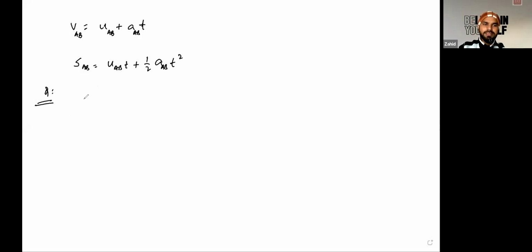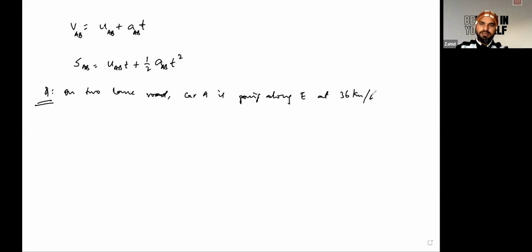There is a question in NCERT on a two-lane road. On a two-lane road, car A is going along east at 36 km/h.